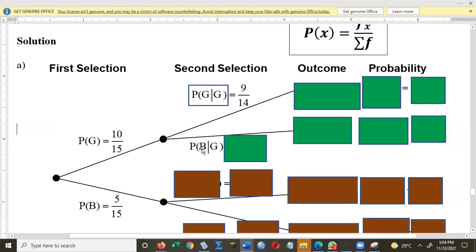And what is the probability of a brown after green? What if it's a green he selected? He will not put it back. And he goes back in the box. What is the probability of him getting a brown after he has selected a green? Can anybody tell me what is the numerator? 5 over 14, because there will still be 5 brown cards out of the 14. And 9 plus 5 is 14 over 14. Okay?